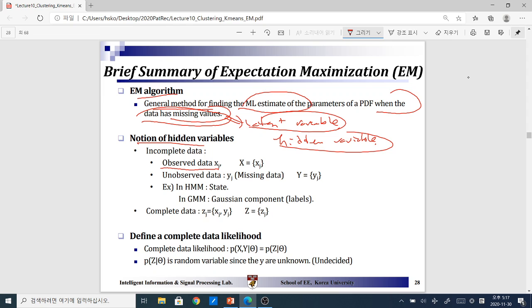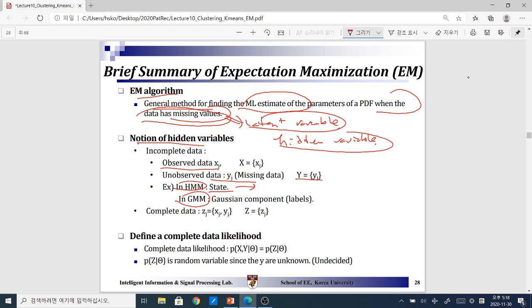We say that this hidden structure is the unobserved data or missing data. We have not actually talked about the hidden Markov model yet. For the hidden Markov model, the sequences of states would be an example of the hidden variable, which, by the way, we're going to talk about in the next module.